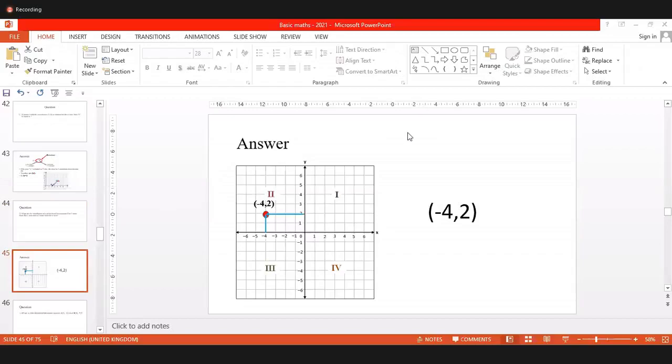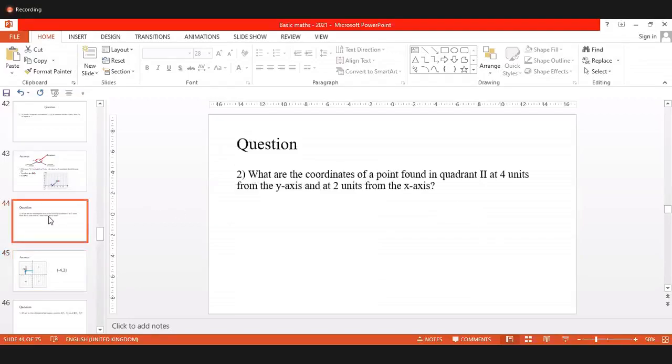Okay, you see the question. They have said it is available in quadrant number 2. We have already studied quadrant 1, quadrant 2, quadrant 3, and quadrant 4. They have said this point. So you see the question: 4 units from the y-axis.